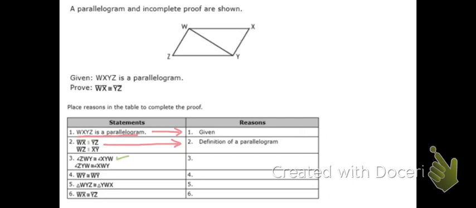The first one is saying angle ZWY, so from Z to W to Y, that is congruent to XYW. So this angle is congruent to this angle. So let's take a look at these angles. How are they created?